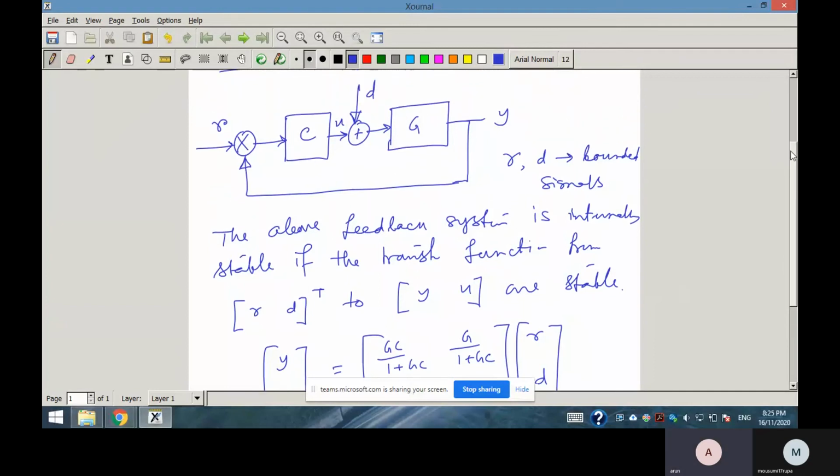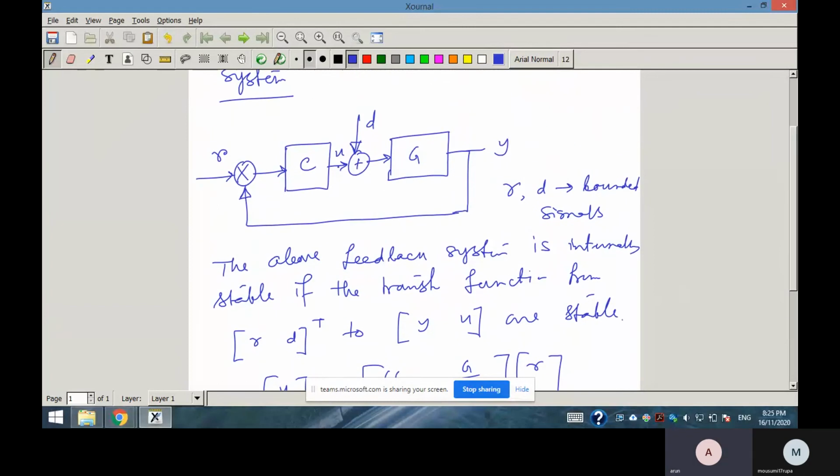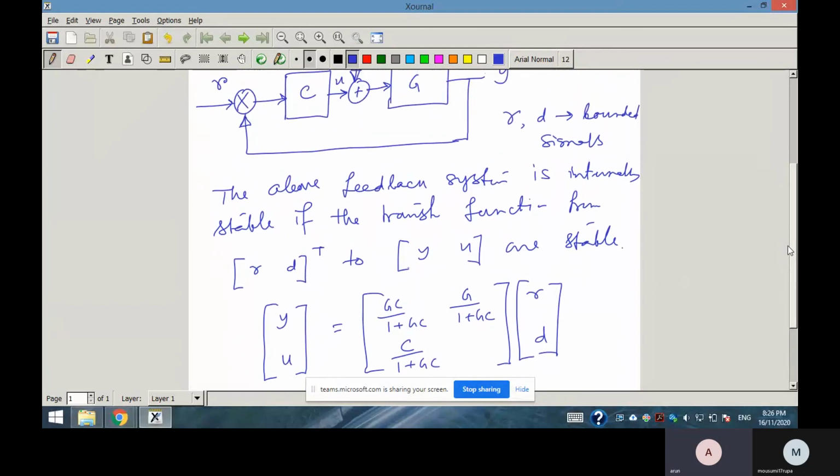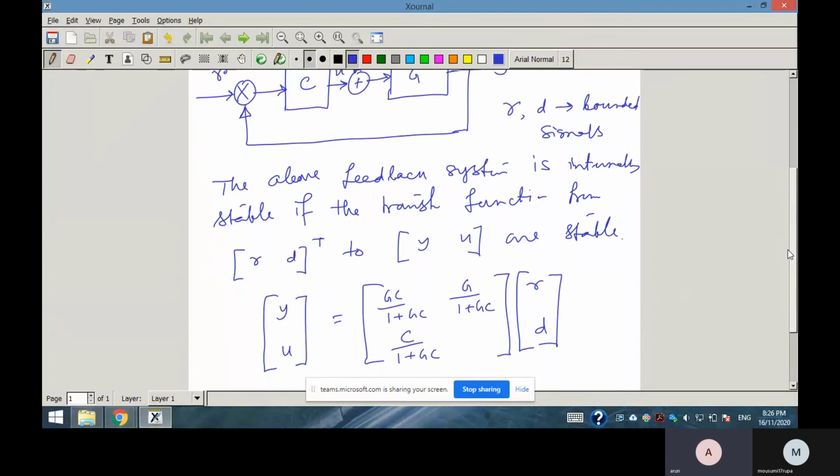U is your output and D is your input. Y to D transfer function is G by 1 plus GC.